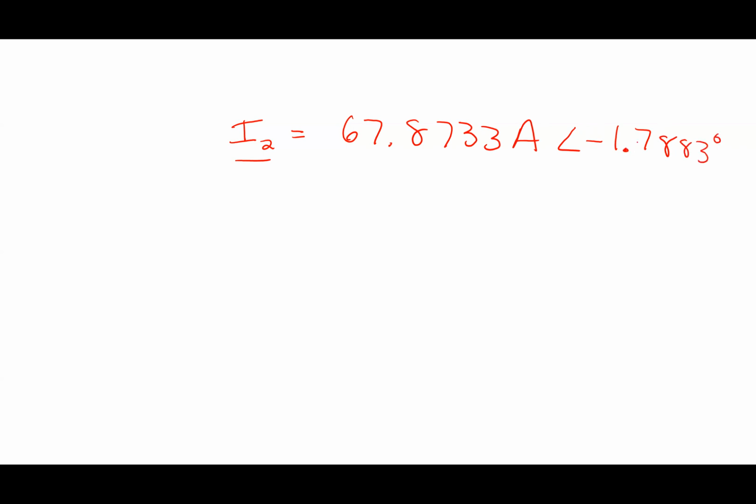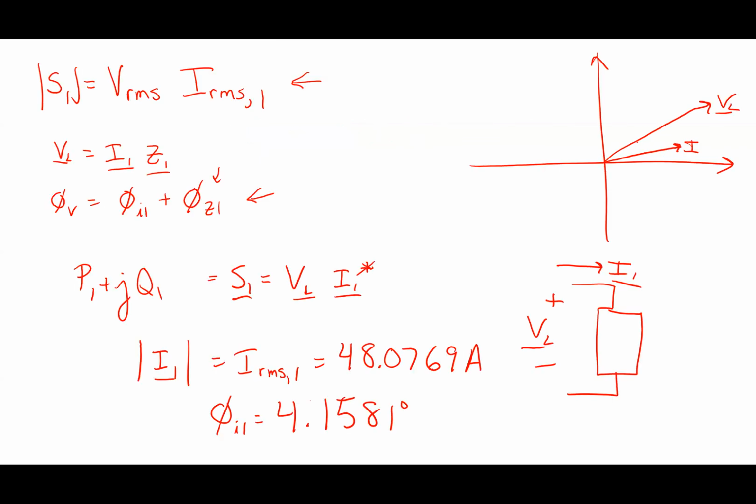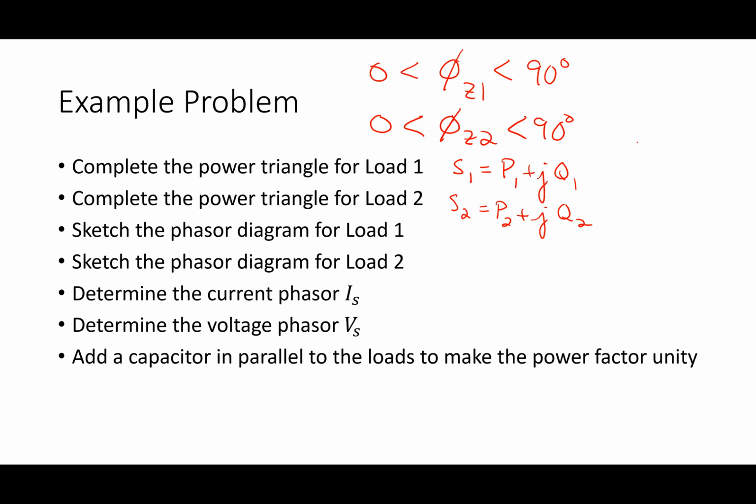Barely over into the fourth quadrant. Again, same approach to get that. Now, the other question I asked here is how do I get the current phasor IS?